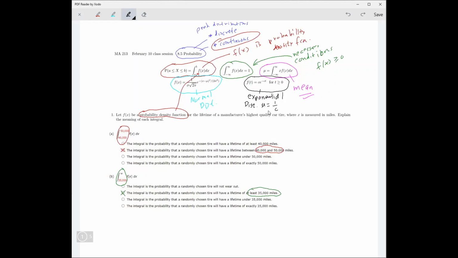A lot of these are going to have places where it's just 0, typically. This one doesn't, and the normal distribution doesn't. So that's a little bit of an introduction, and hopefully you have a little bit of understanding of probability.